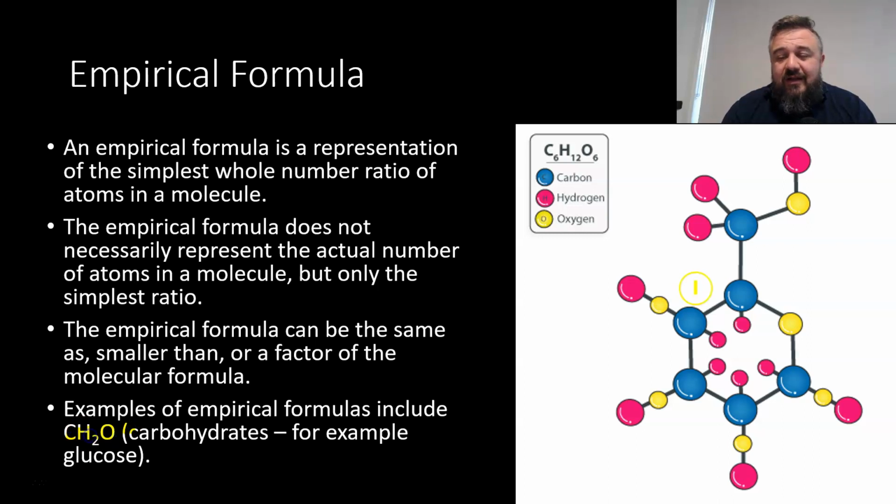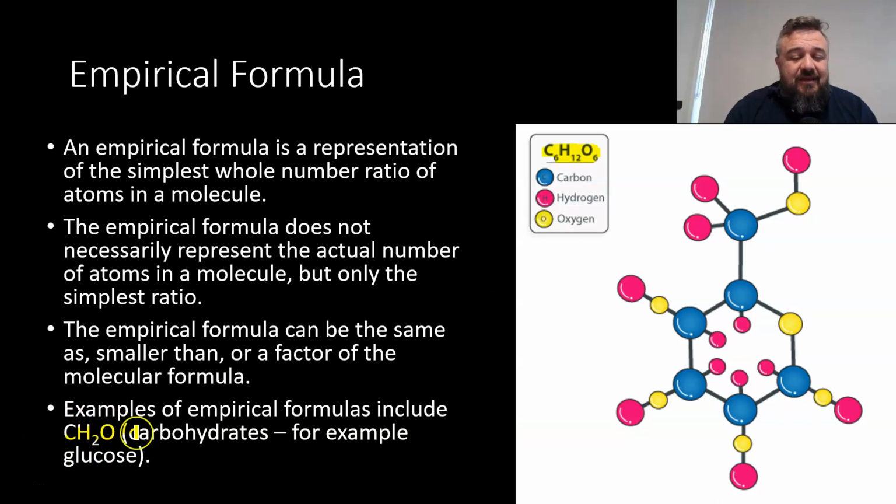Examples of it include CH2O. So we see that here, right? And that's this one over here. Over here we have glucose. Glucose has a molecular formula of C6H12O6. However, its empirical formula is CH2O. That's the smallest ratio.